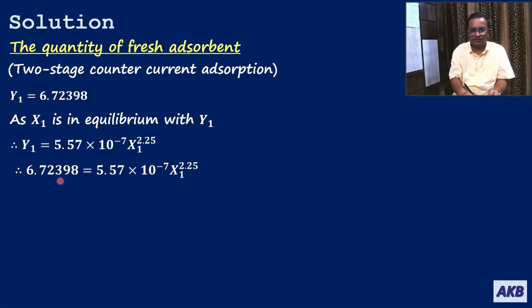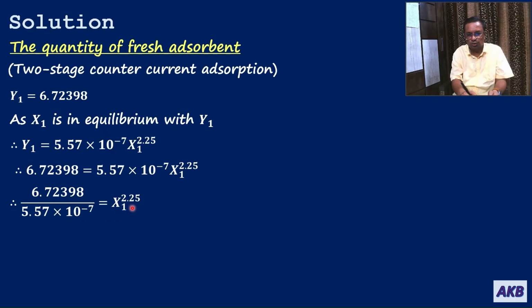So 6.72398 is equal to 5.57 into 10 to the power minus 7 into x1 raised to 2.25. That is, 6.72398 divided by 5.57 into 10 to the power minus 7 is equal to x1 raised to 2.25. That is, x1 raised to 2.25 is equal to 120,71777.